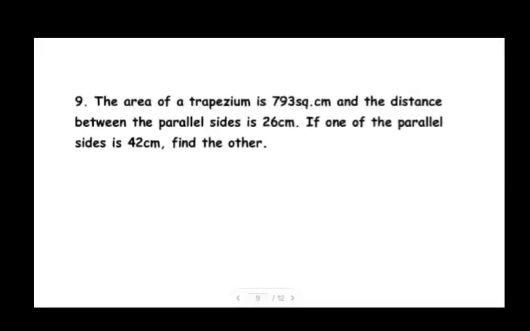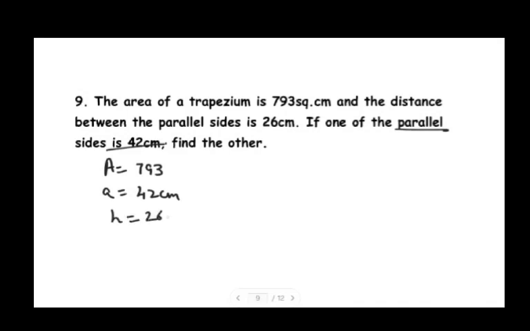Next sum. The area of a trapezium is 793 square centimeters and the distance between the parallel sides is 26 centimeters. If one of the parallel sides is 42, find the other. So area is given as 793. One of the parallel sides is 42 centimeters.